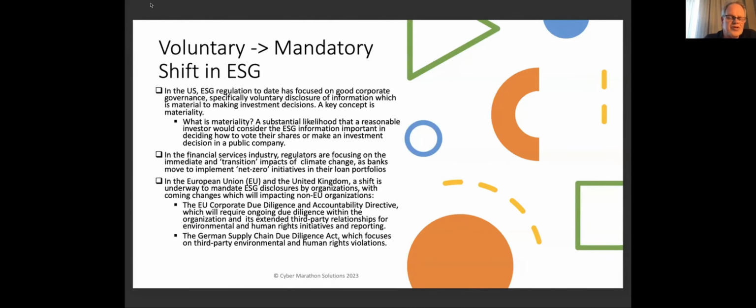From an investing perspective, materiality means a substantial likelihood that an investor would consider ESG information important to making a decision on how they vote their shares or make an investment decision in a public company. So companies that fail to disclose relevant ESG information to shareholders are potentially putting themselves at risk of regulatory action by the Securities and Exchange Commission.